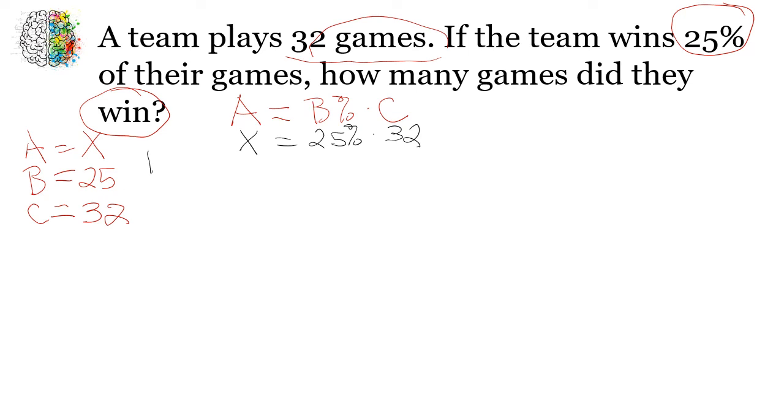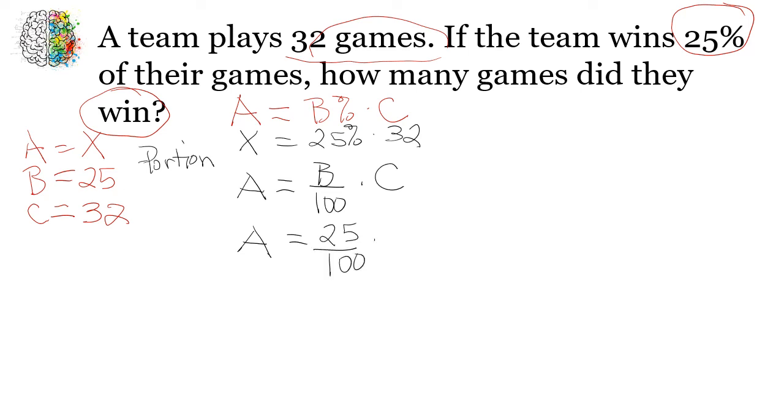So remember, with our portion equations, that's going to be A equals B over 100 times C. Now I'm going to plug in my numbers. That's A equals B is 25, and C is going to be 32.